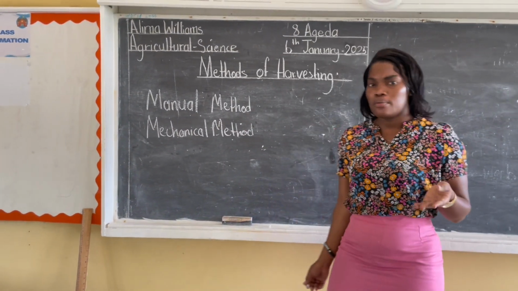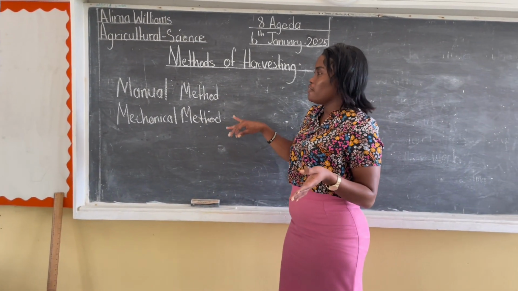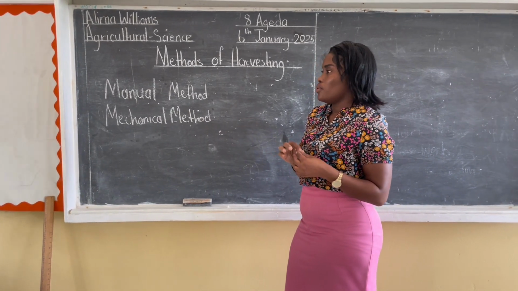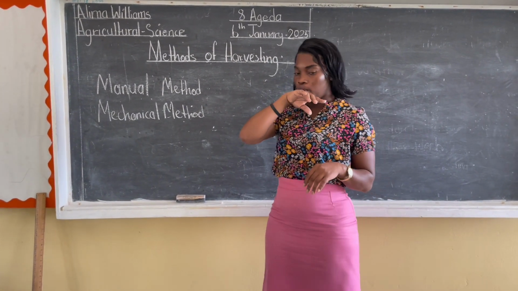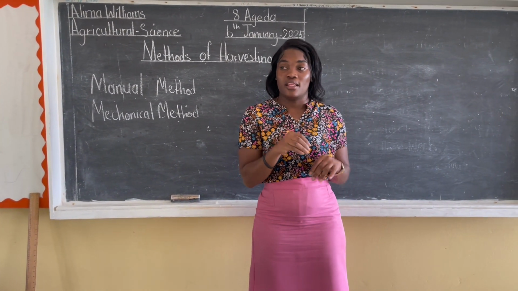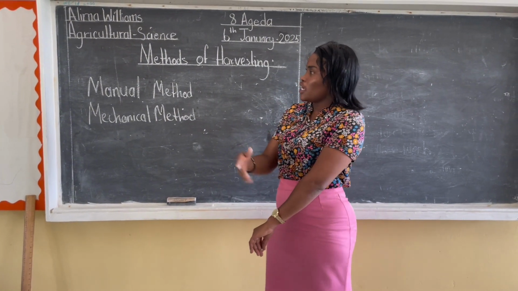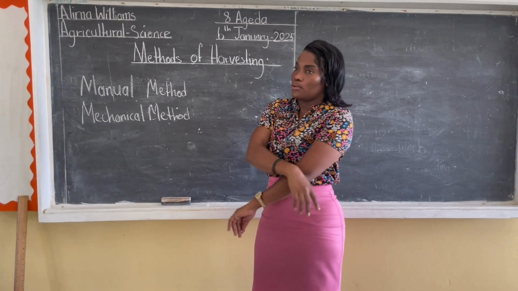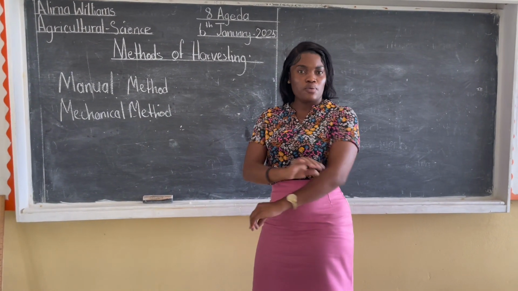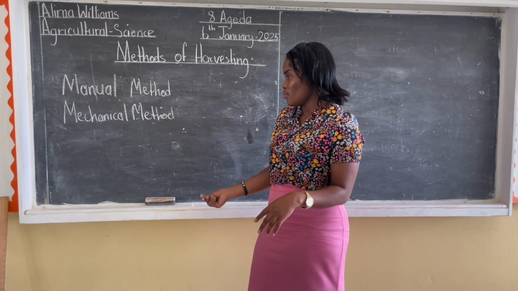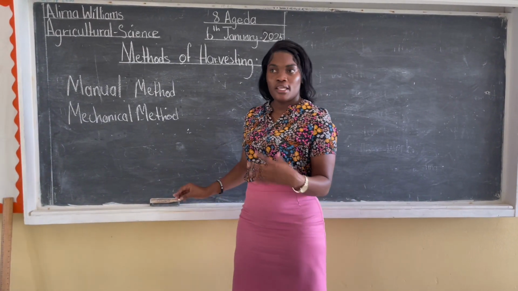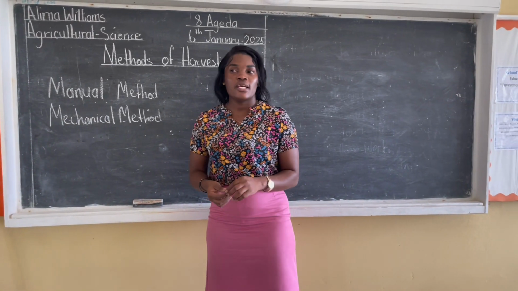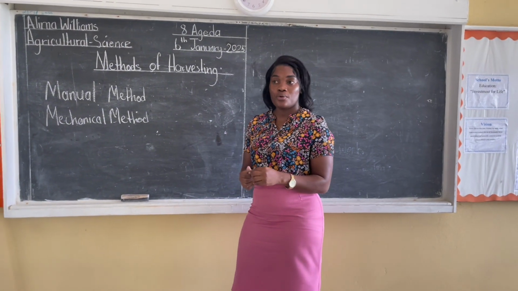So what are some crops that would go through each of these methods? Say for instance, we don't have a rice field in Linden, but do you think we can use the manual method to harvest rice? No? Yes? Or let's say sugar cane.